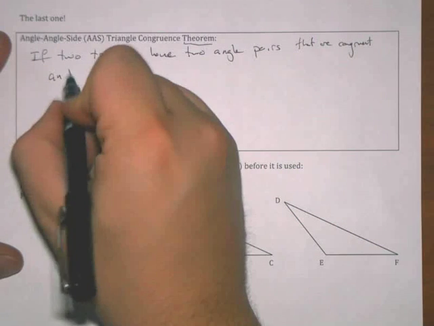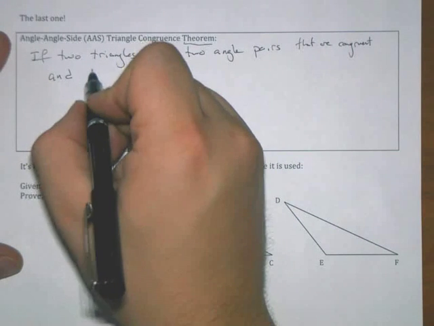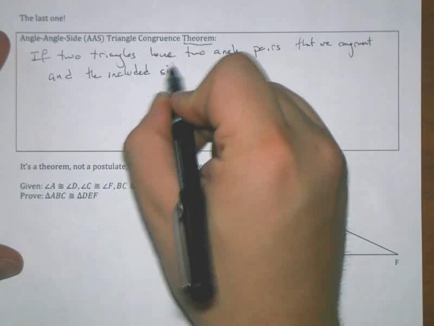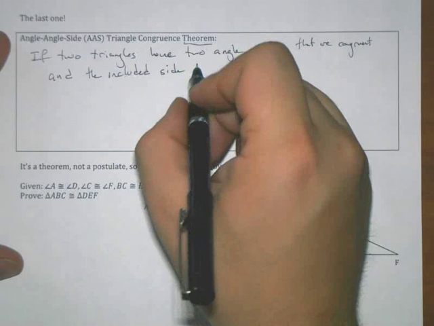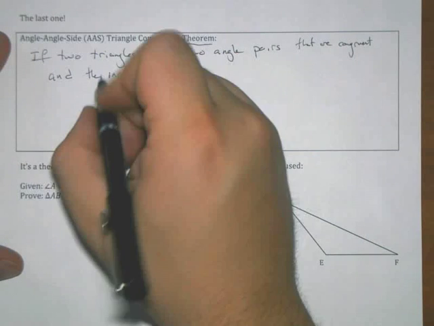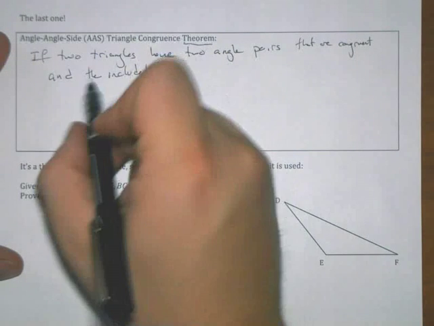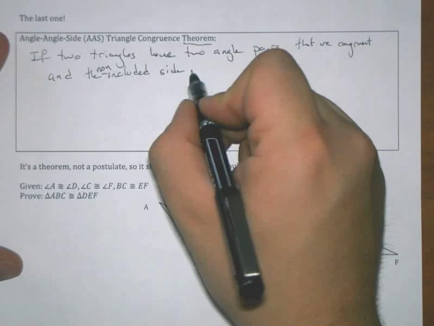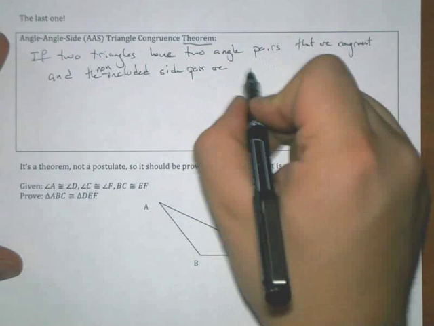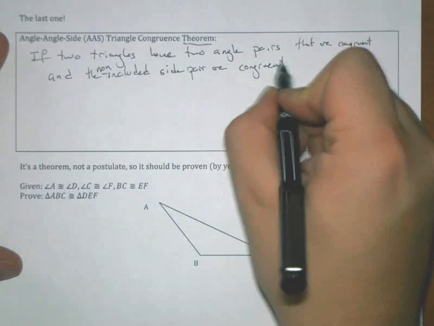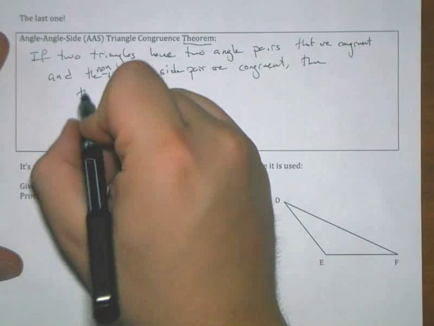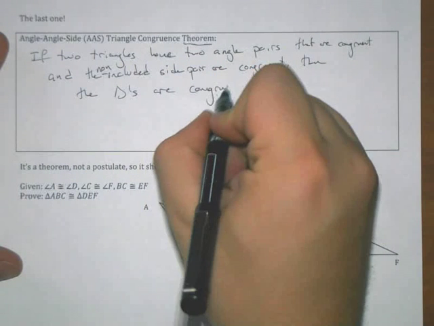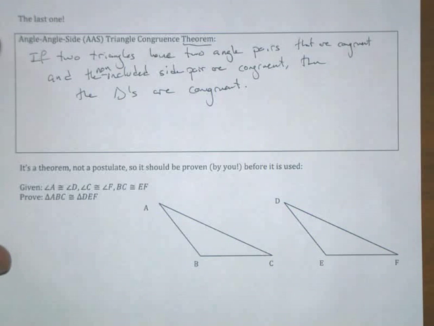and the non-included side pair is congruent, then the triangles are congruent.